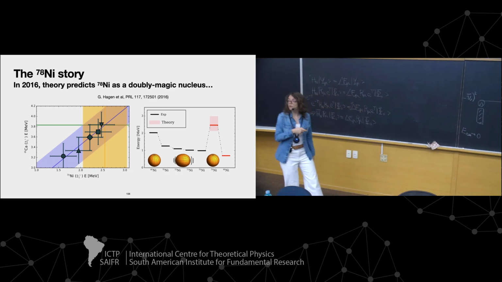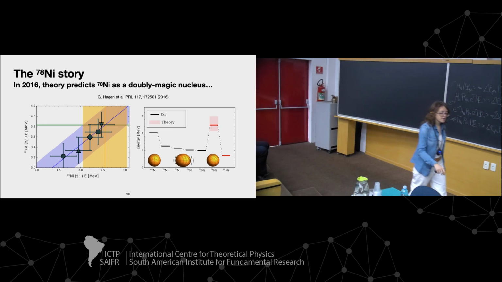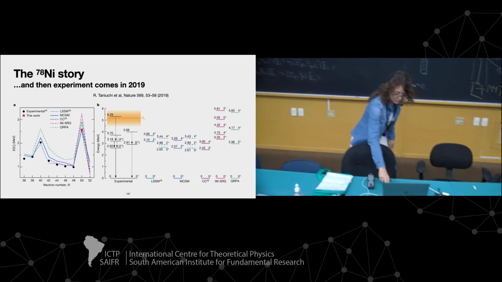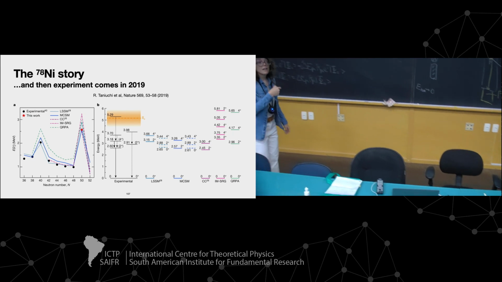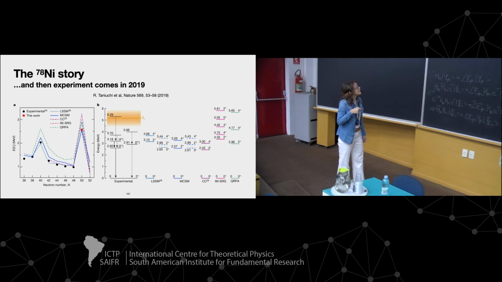And actually, a few years later, there has been an experiment on measuring exactly this energy of the 2+ state for nickel-78. And you can actually see that also in experiment, the result of the experiment is this work. So it's this star that you see here at neutron number equal to 50.